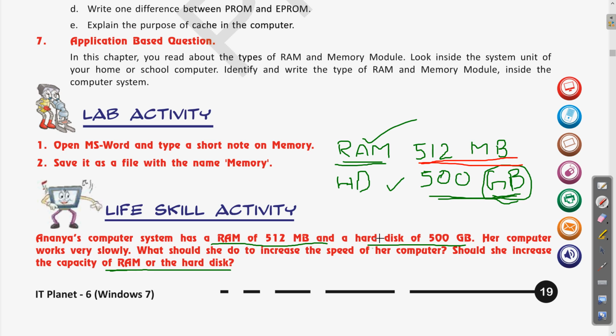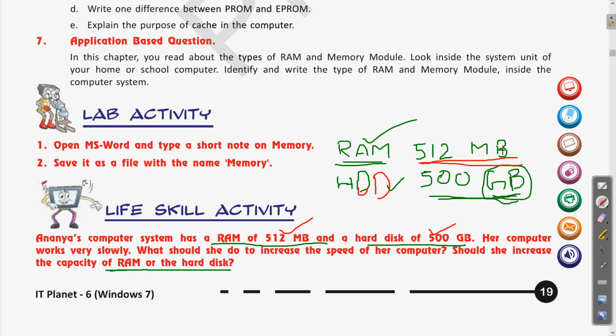We have seen both RAM and hard disk. RAM is the part of the computer, the memory where things are placed temporarily, and as the RAM is increased, the data transfer rate or processing speed of the computer can be enhanced. Clear? So in this case, when her computer is working slowly and the RAM is 512 MB and the hard disk is 500 GB, the question is which one is required to be increased.